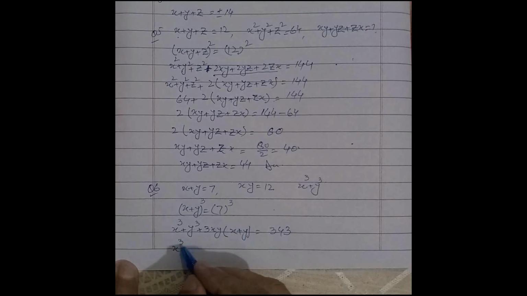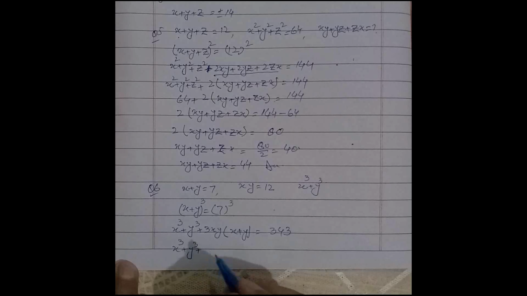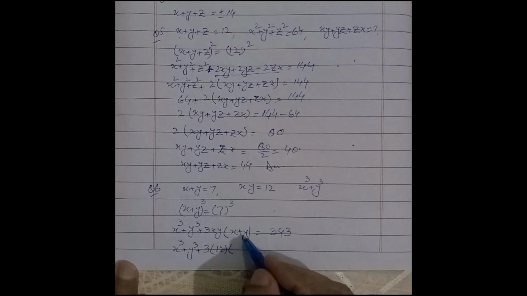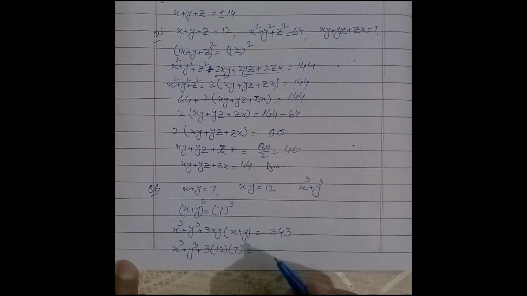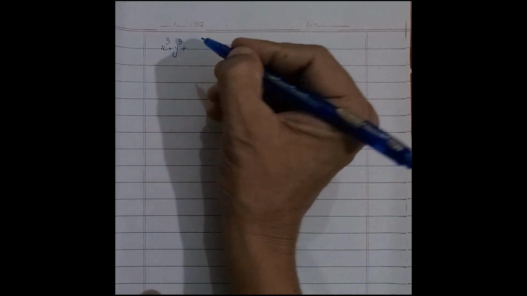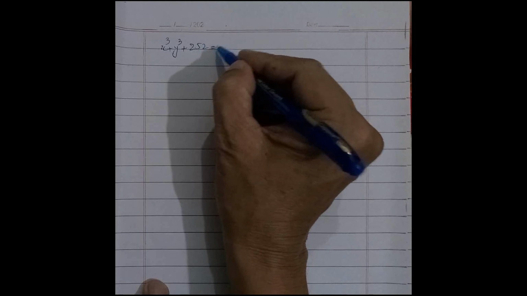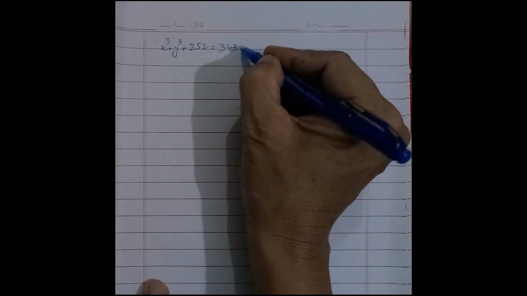We get x3 plus y3 plus 3 into xy, which is 12, and x plus y, which is 7, is equal to 343. x3 plus y3 plus, we multiply 3 by 12 and 7. 3 multiplied by 12 is 36. 36 sevens are 252. 252 is equal to 343.